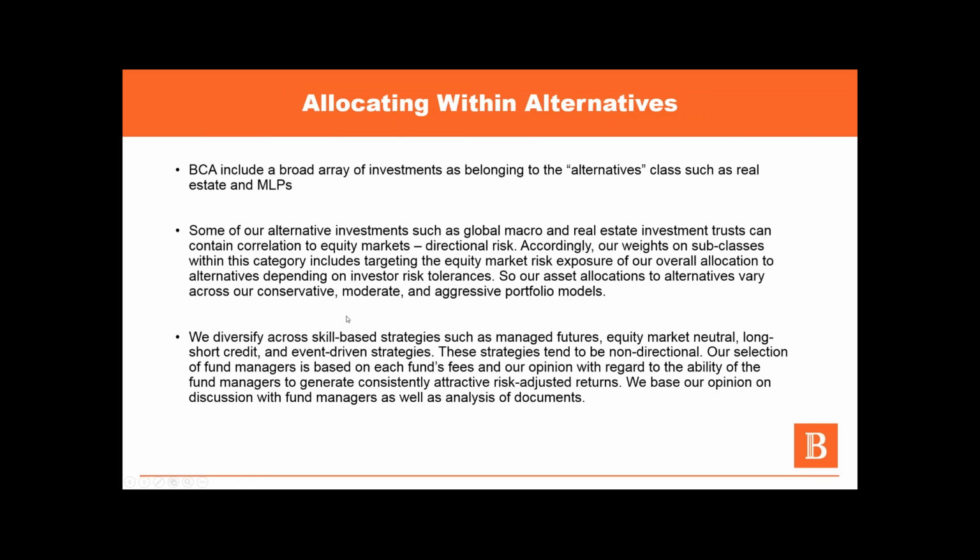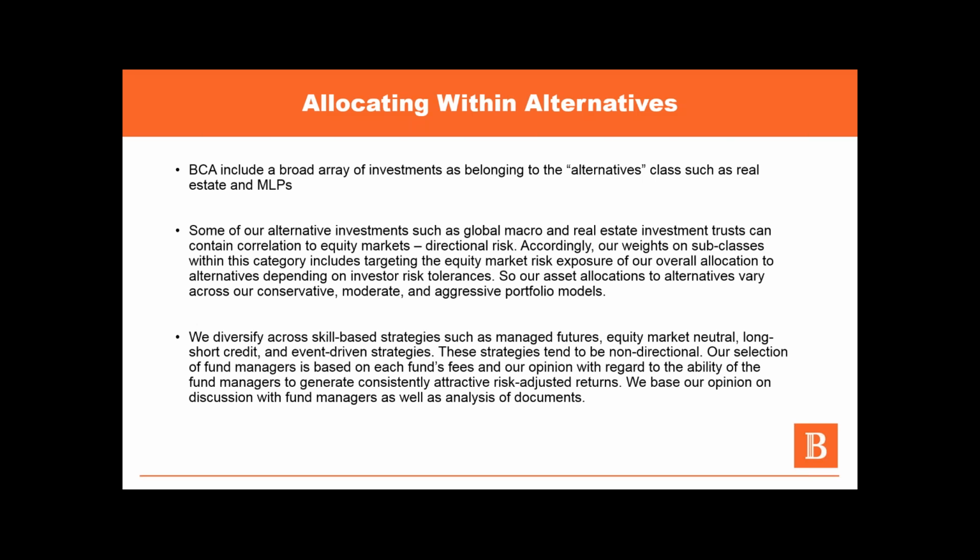Within alternatives, we can think of two types of alternatives. One is directional sorts of risks. These are alternatives that tend to move with the market, and then we look at non-directional or skill-based strategies, and we pick amongst these based mainly on managerial skill.